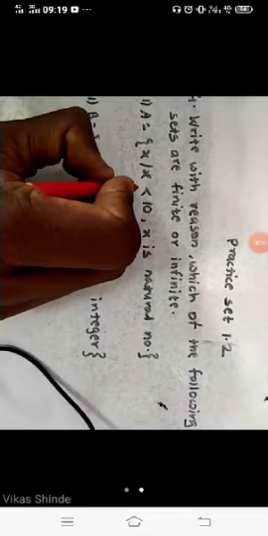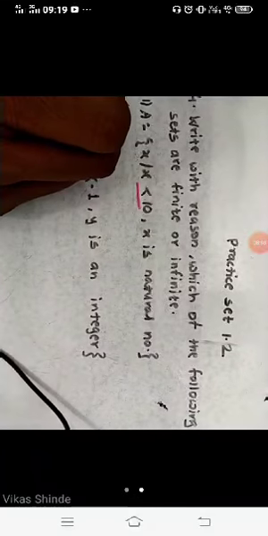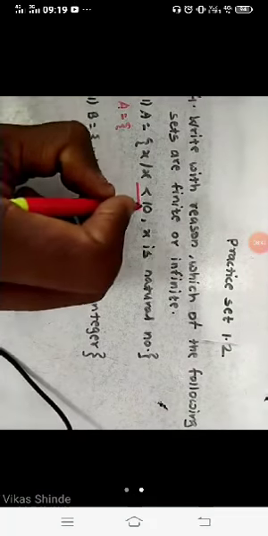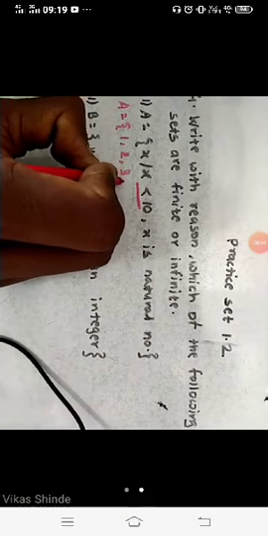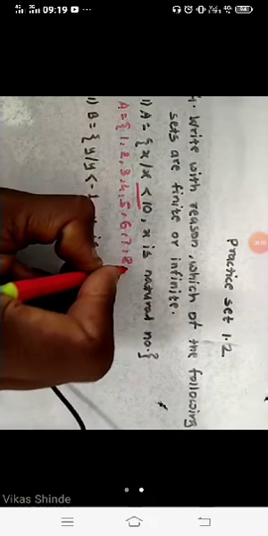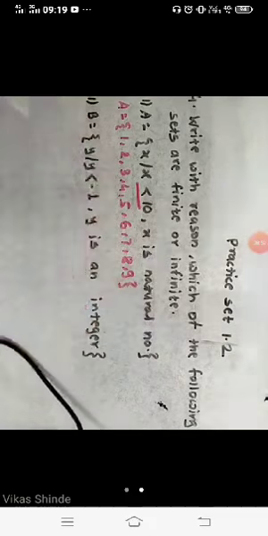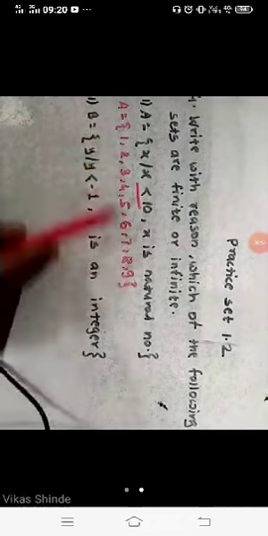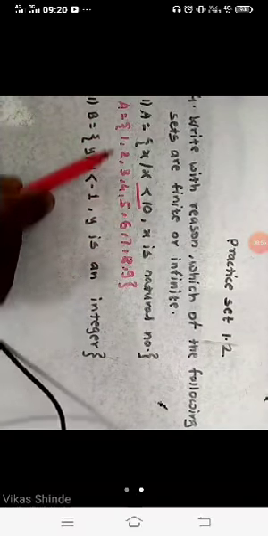So this indicates that the number should be less than 10. So A is equal to the natural numbers less than 10: 1, 2, 3, 4, 5, 6, 7, 8 and 9. These are the numbers here.